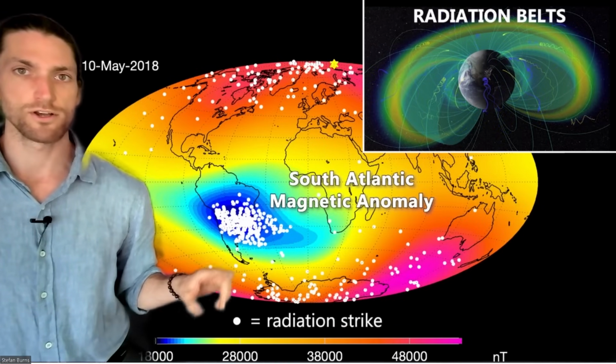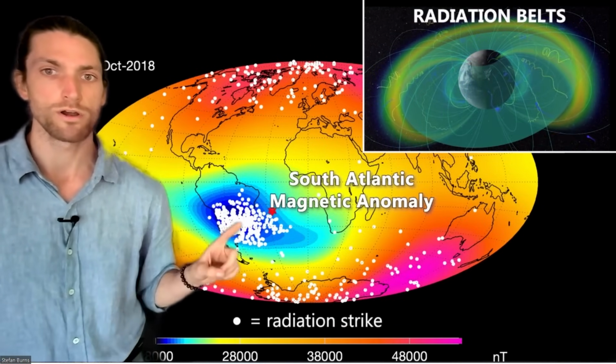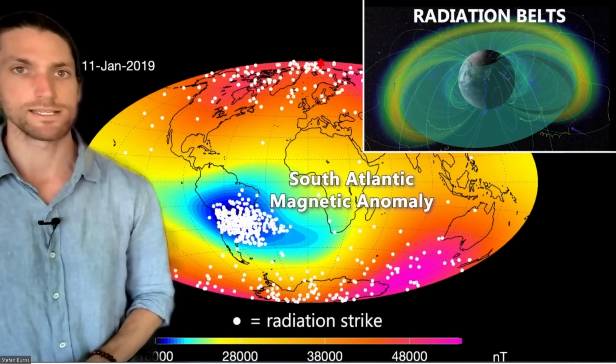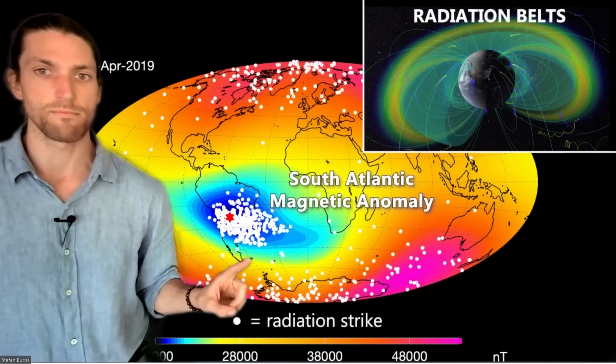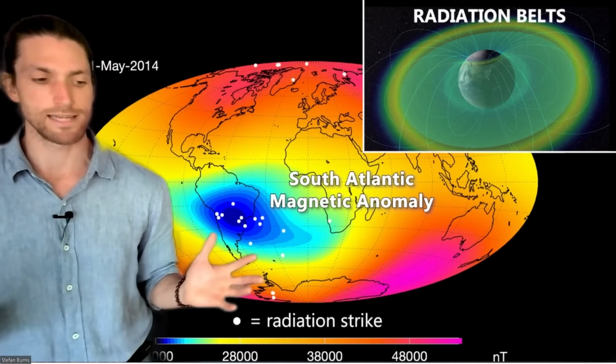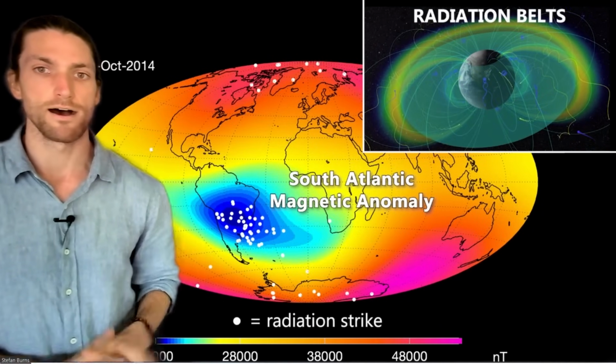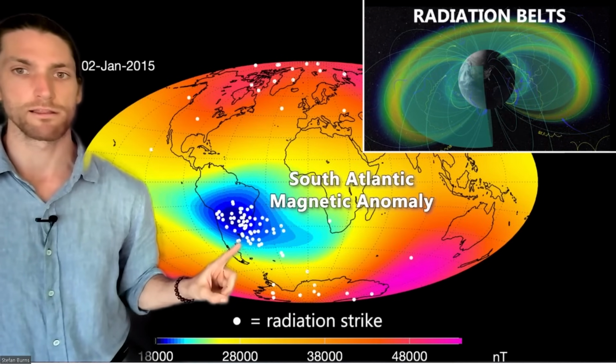So there's also odd things happening at the core-mantle boundary and within the core that are related to the South Atlantic Anomaly, but it's also in many ways related to the radiation belts. In general, it's an area of open flux for the planet. And so the magnetic field is greatly reduced here.